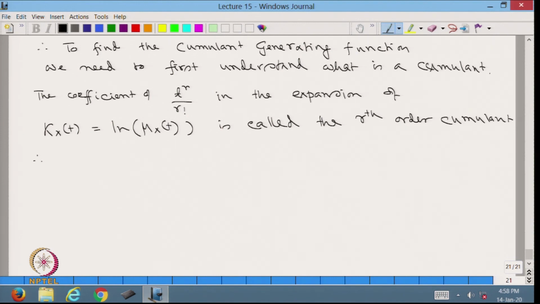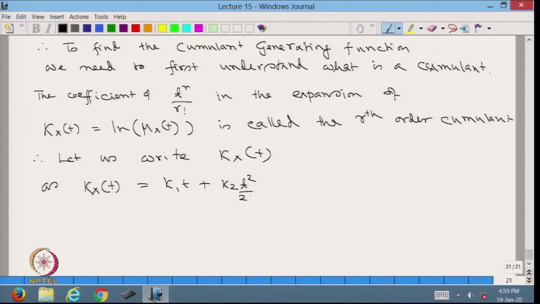So, let us write K_X(t) as k1 times t plus k2 times t square upon factorial 2 plus k3 times t cube upon factorial 3, like that.